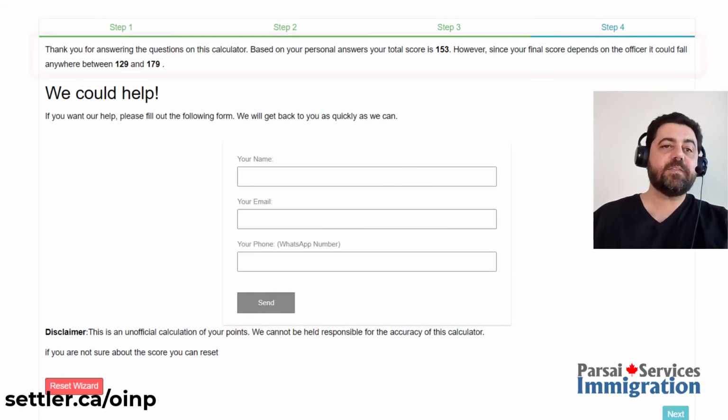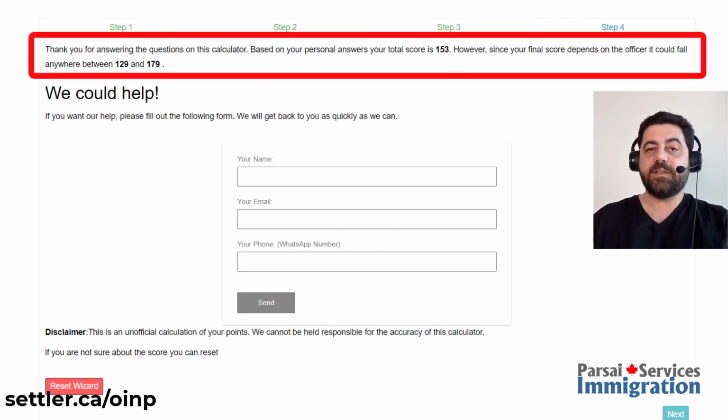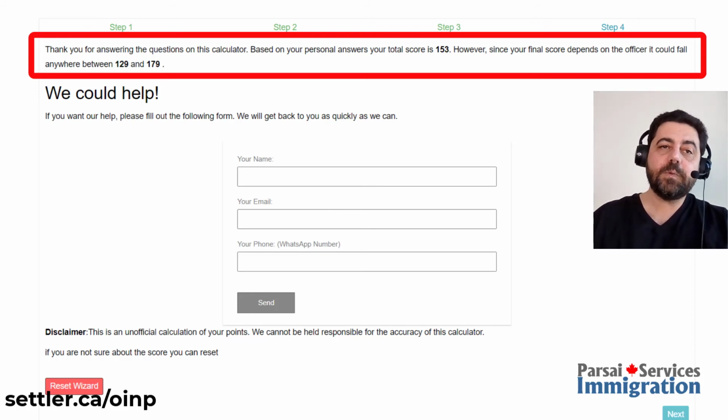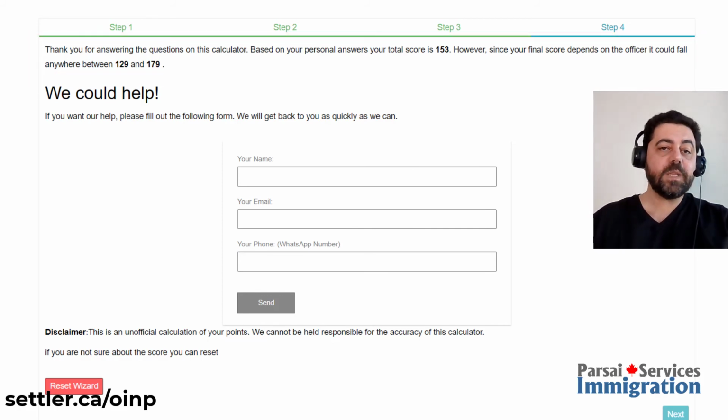As you can see, it says, thank you for answering the questions on this calculator. Based on your personal answers, your score is 153. However, since your final score depends on the officer, it could fall anywhere between 129 and 179. And up until this point, we don't collect your information.